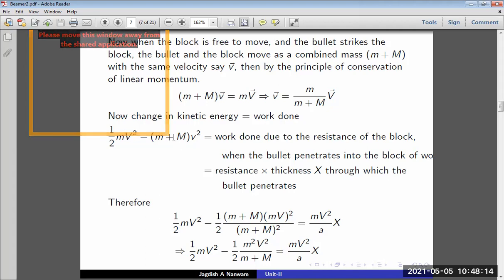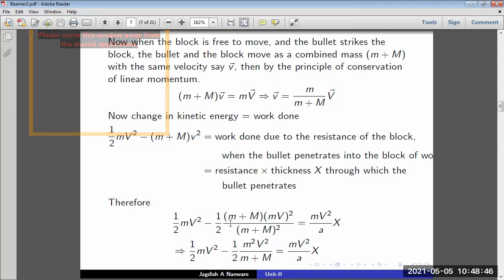This is equal to the work done due to the resistance of the block when the bullet penetrates into the block. And this is nothing but resistance multiplied by the thickness of the block through which the bullet penetrates.